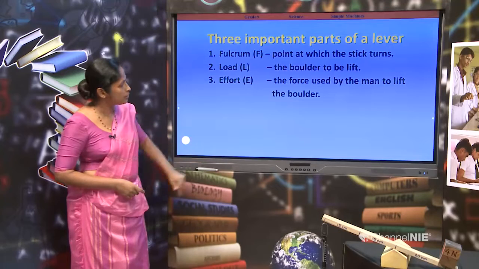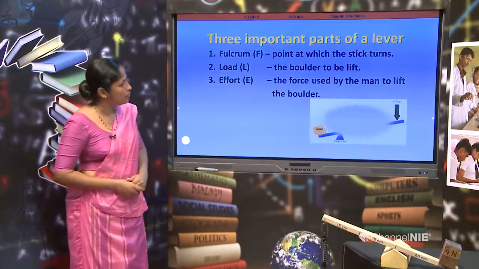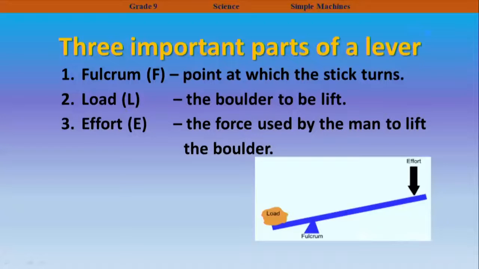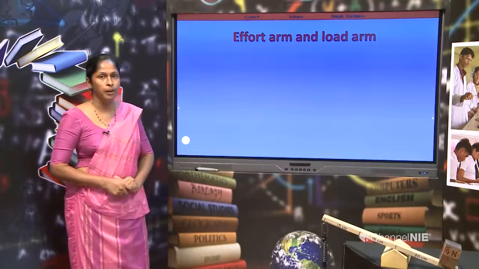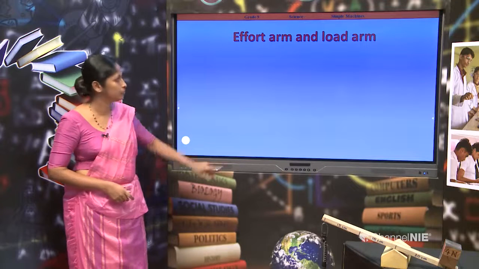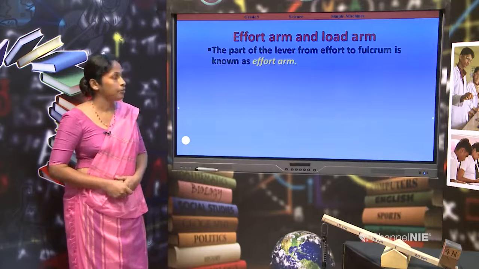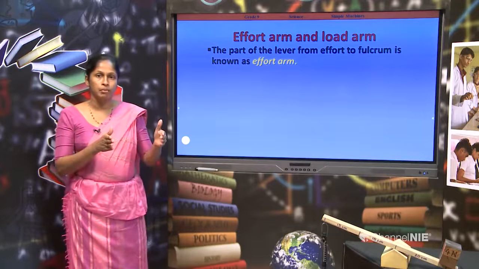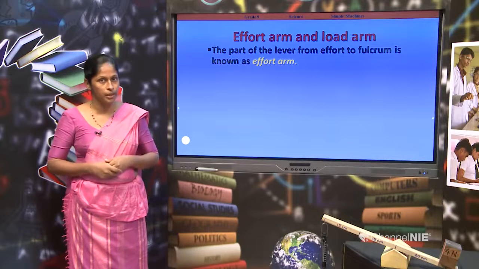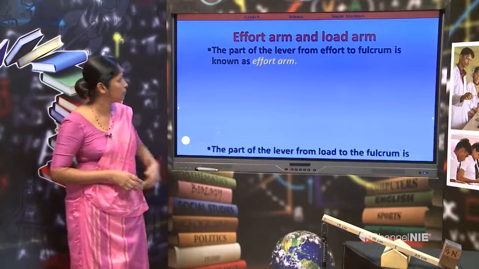Now you can say the effort is exerted on the rod and the load is lifted, and the lever rotates around the fulcrum. Two important parts of the lever are the load arm and effort arm. The part between effort and fulcrum is called the effort arm.